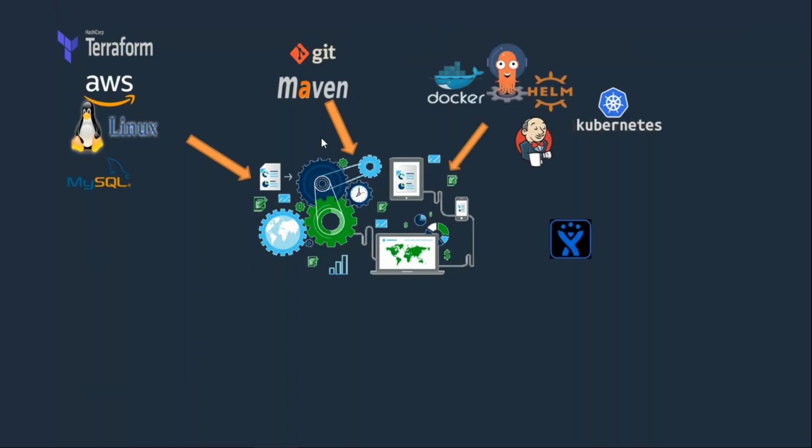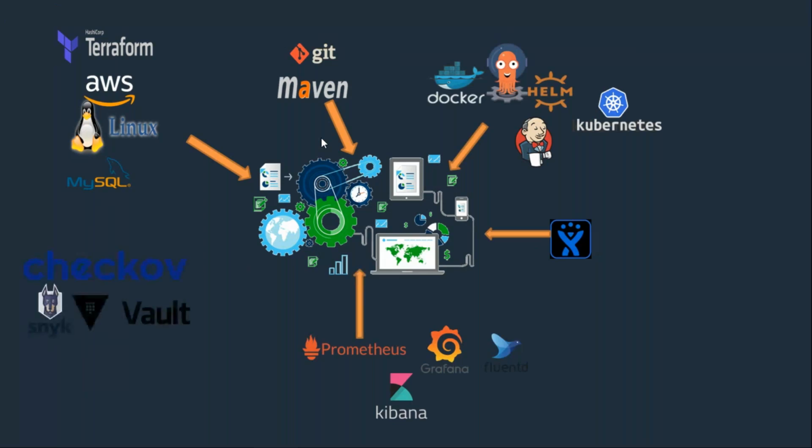And from the organization process perspective, it's the Jira tool. And from the monitoring perspective, Prometheus, Grafana, Fluentd, and Kibana. And from the security perspective, Snyk and Vault and Checkov, right? So these are some of the security tools that can be used.